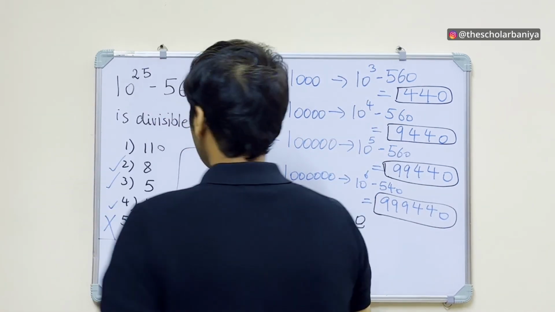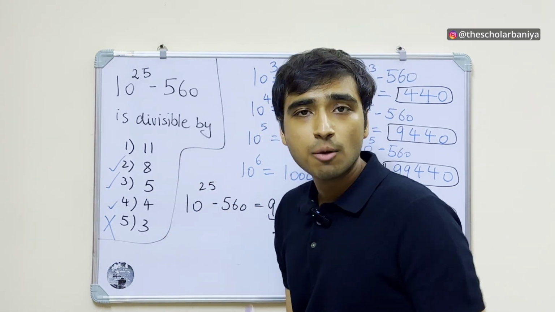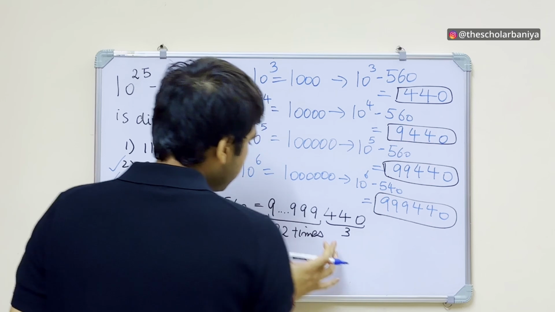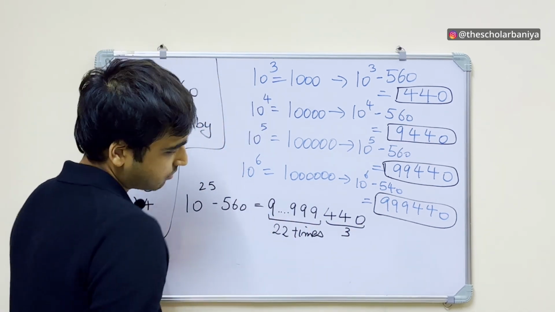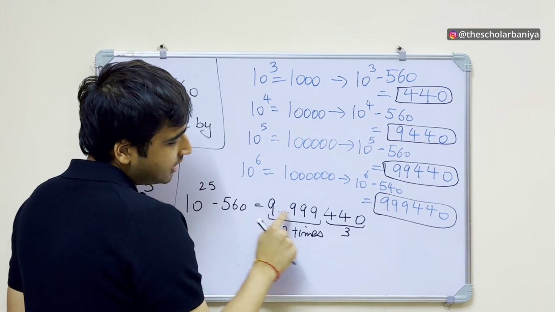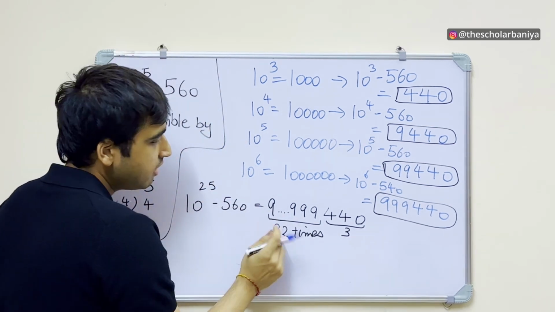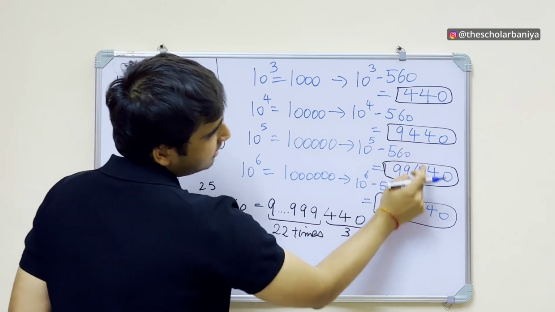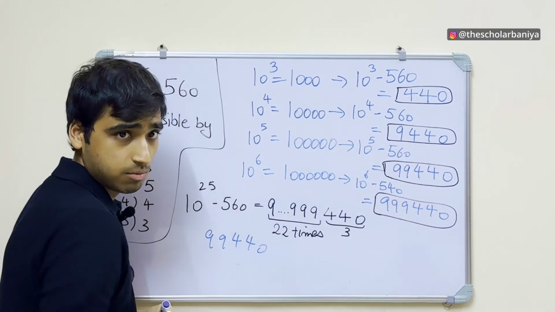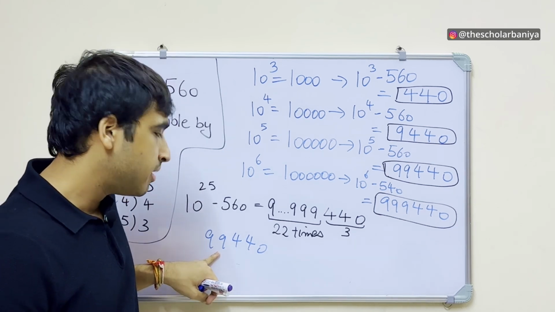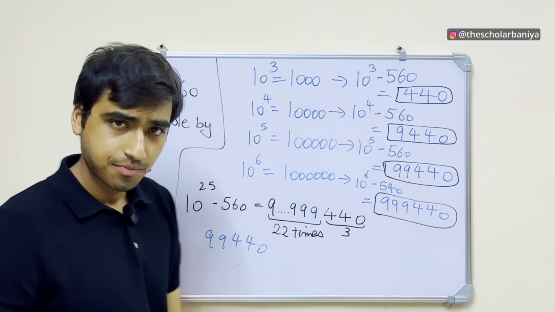Now let's come back to the first option, which is 11. We have to check whether this number is divisible by 11. We know that the number 9 is getting repeated an even number of times. For example, if we take 99440, the number 9 is repeated 2 times, which is even, and 440 is constant.